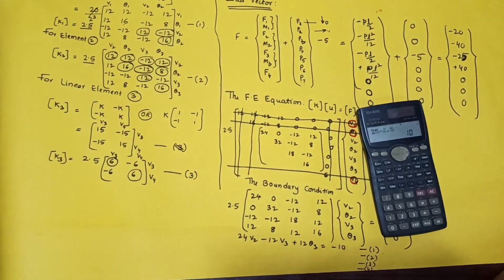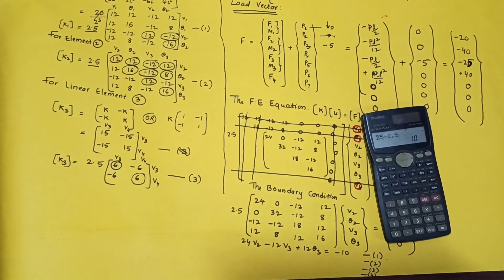Now using the transposition matrix, you can calculate all these four unknown values, or you can also do it manually by equating 1 and 2.